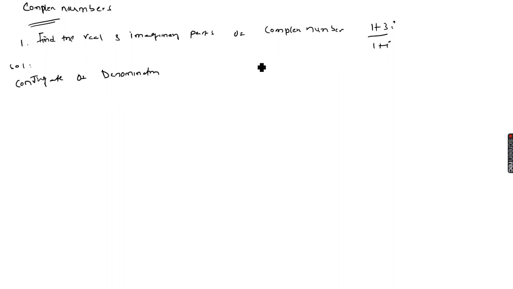The denominator is 1 plus i, so the conjugate of 1 plus i: if we have a plus, then we write it as minus. So multiply and divide by the conjugate.